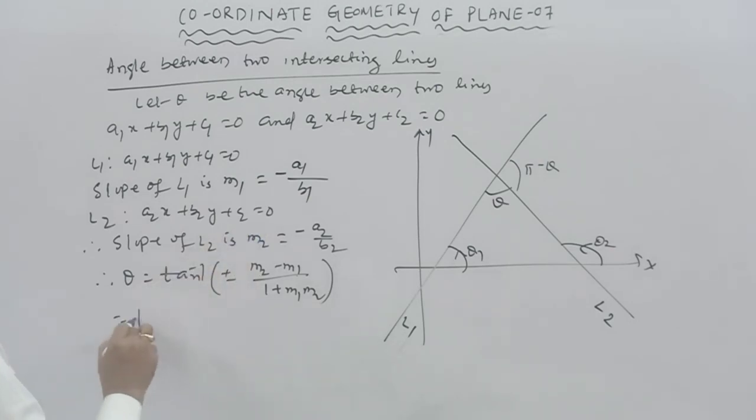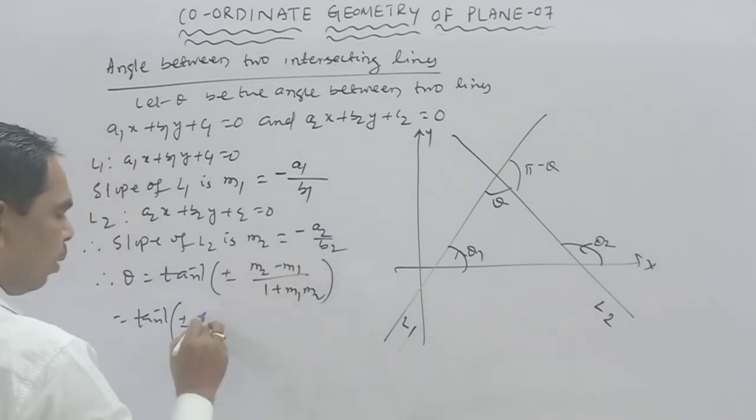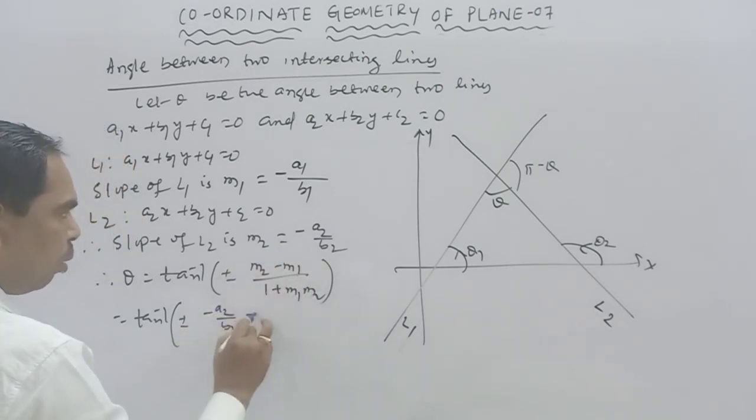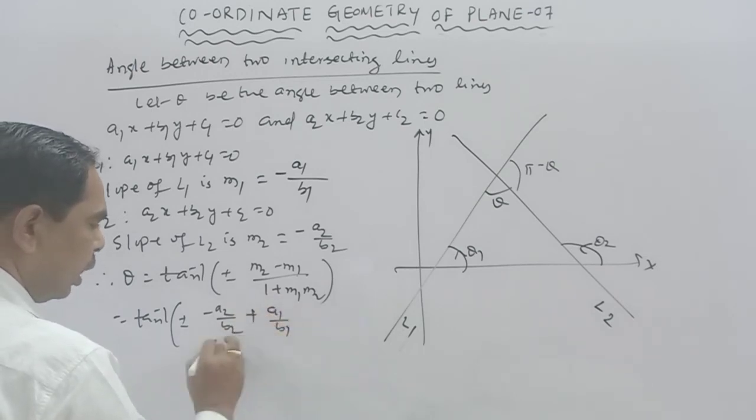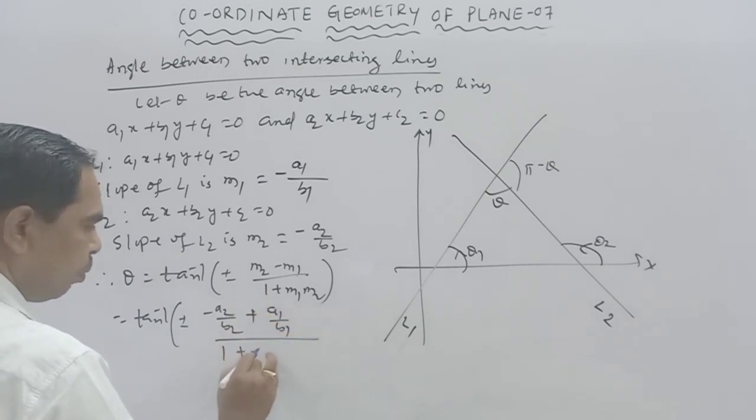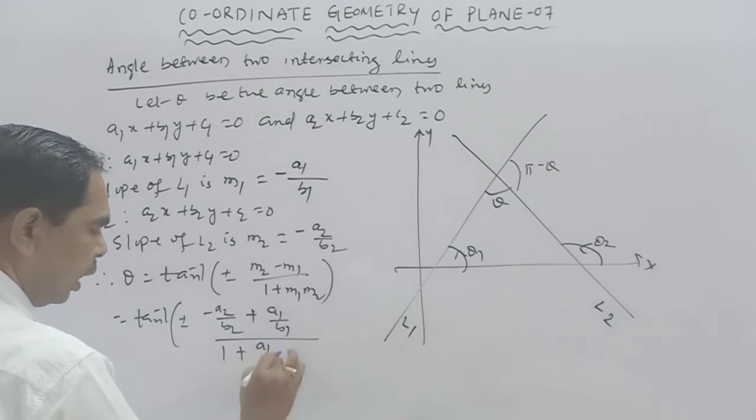So tan inverse plus or minus, m2 means minus a2 by b2 plus a1 by b1, divided by 1 plus a1 by b1 into a2 by b2.